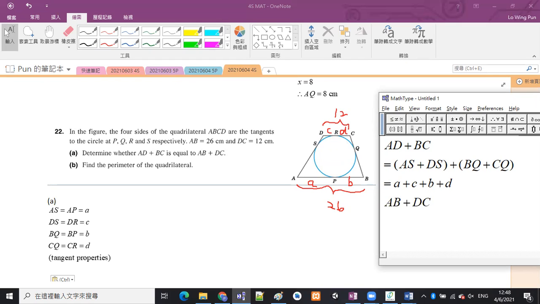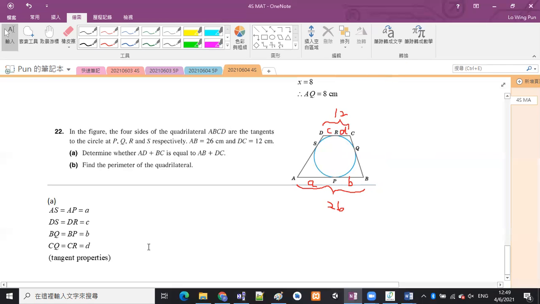AB is A plus B. DC is C plus D. So it is equal to A plus B plus C plus D. Can you see that they are equal to each other? Therefore, we can conclude that AD plus BC is equal to AB plus DC. So the answer is yes.